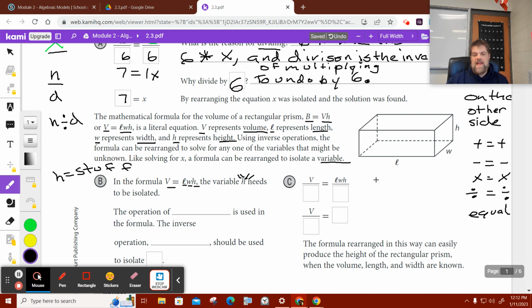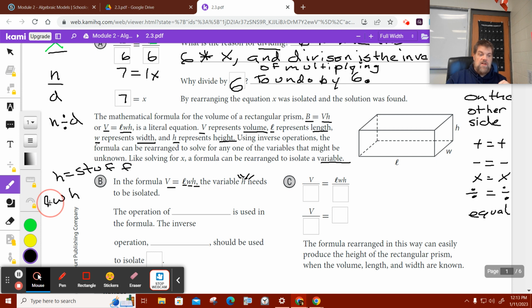So I have LWH. What does LWH mean? Well, L represents a number, W represents a number, and H represents a number. But mathematically, what are we doing with those numbers? What is L doing with W, and what is W doing with H?